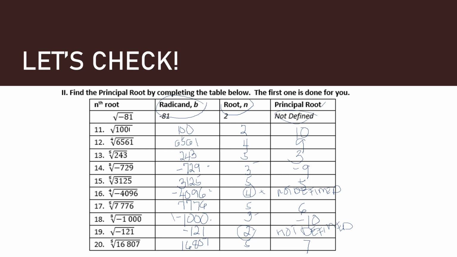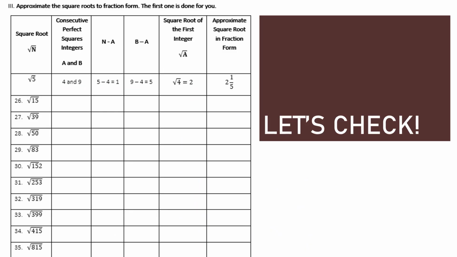Next, activity. For this activity, we approximate the square roots to fraction form. The first one is done. Okay, so square root of 15 is between the perfect squares 9 and 16.